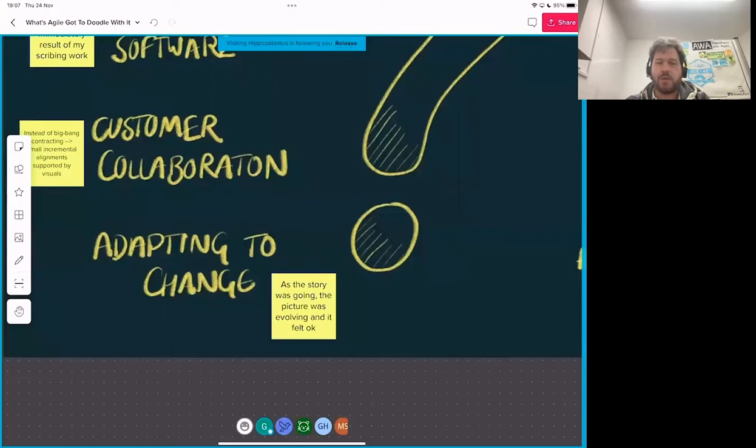I didn't know where the story was going, and I just started drawing something here and there, and it felt quite natural, not to have to create a big, long story where everything is exactly interconnected, but capturing thoughts, and somehow the picture came together organically, without having to have a big plan before.